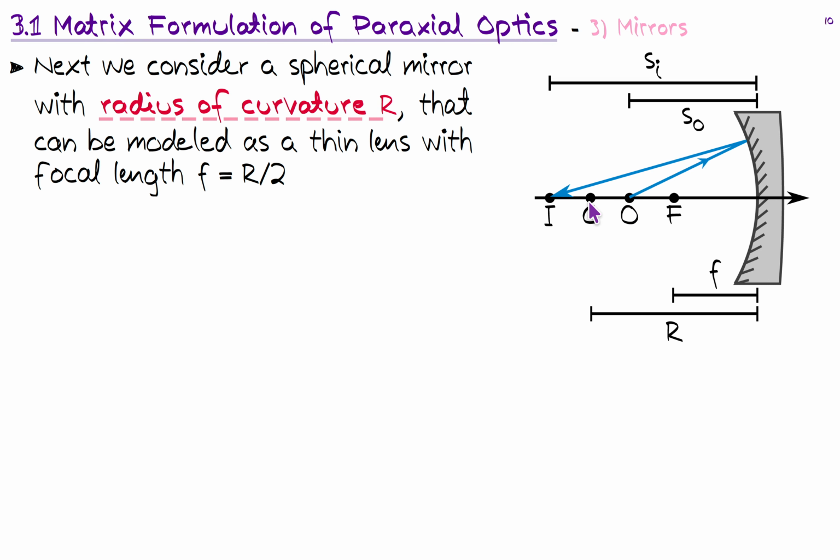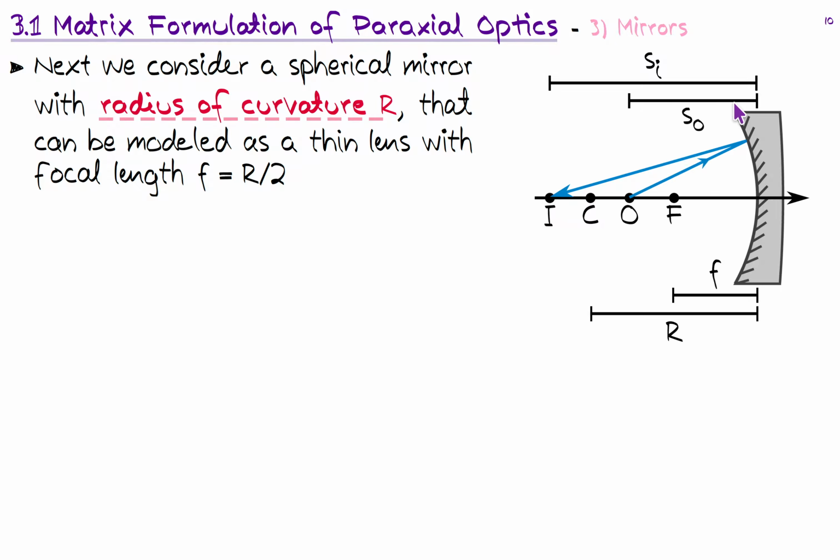So that's the center of the radius of curvature, f the focal length, O the object point from which we are looking at the ray propagating, then the ray reflects, and then we are hitting with the ray the image plane at which we are looking, this is the kind of output plane of our system.